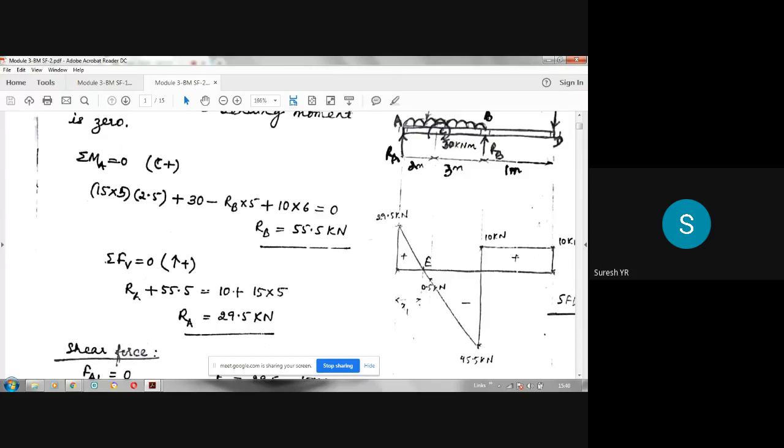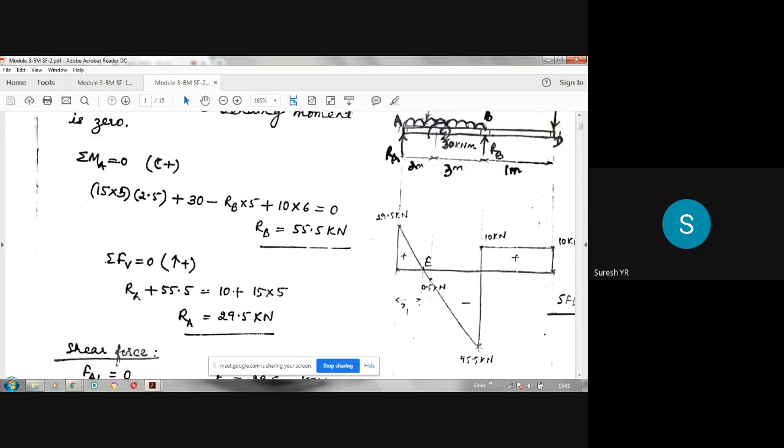Already you have gone up by 29.5. Now you have to come down by 75, 15 into 5 is 75, till this B, because that load is acting from A to B. So at B, you have to come down by 45.5 from the axis.